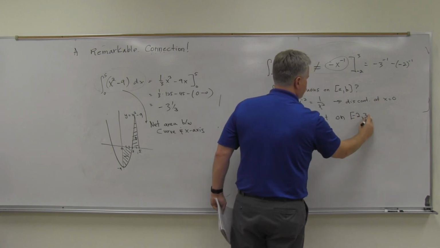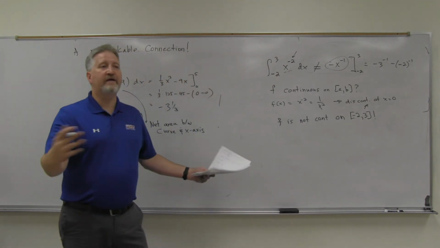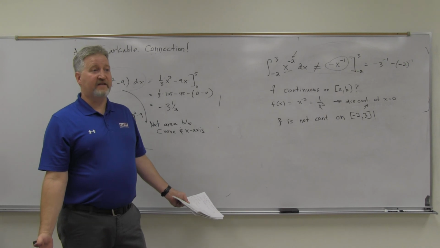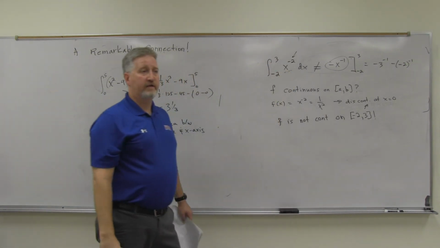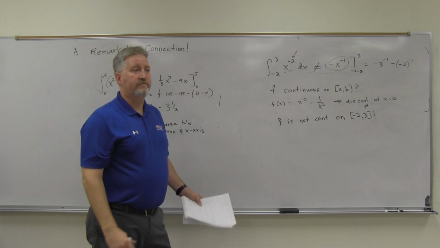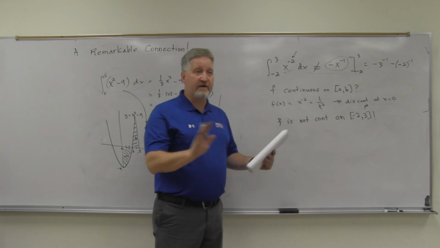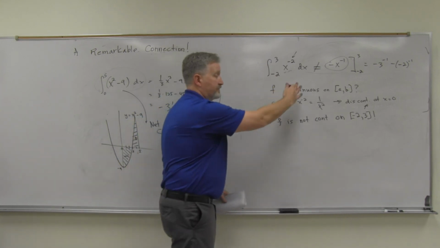It's discontinuous at x equals 0. So, yeah, you can't use this formula. It's a nice formula, but if f is not continuous from A to B fully, all the way, you can't use that antiderivative like that. So be careful with it. Most of them that we do will be okay, but you just have to watch for it.